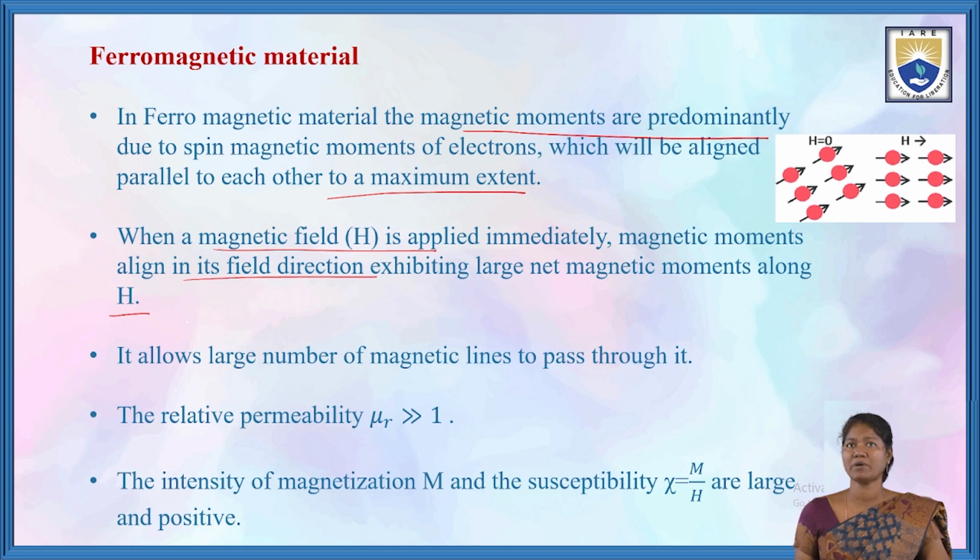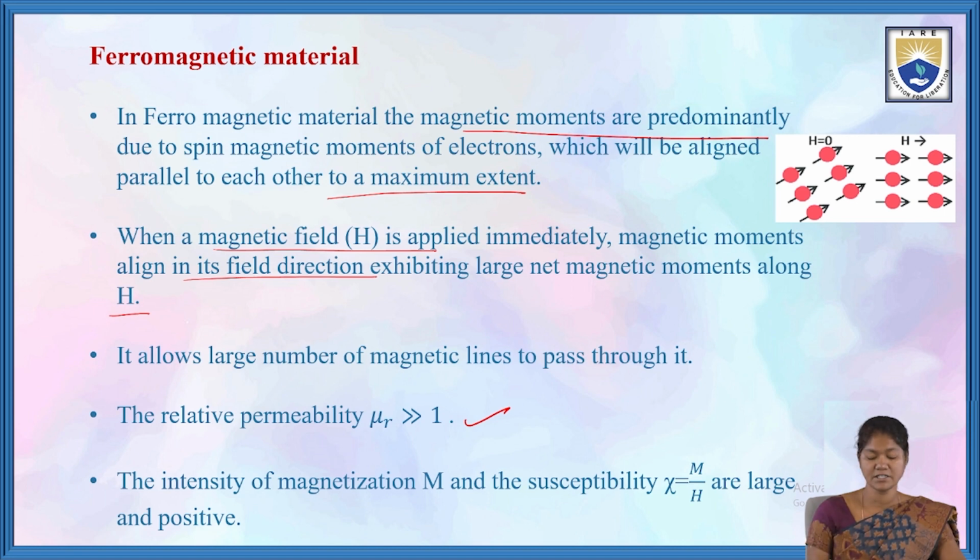When some magnetic field is applied, the magnetic moments immediately align in its field direction and exhibit large net magnetic moments along the direction H, so that it allows a large number of magnetic lines through the material. So the relative permeability mu r is much greater than 1, and the intensity of magnetization M and the susceptibility chi, equal to M by H, are large and positive.